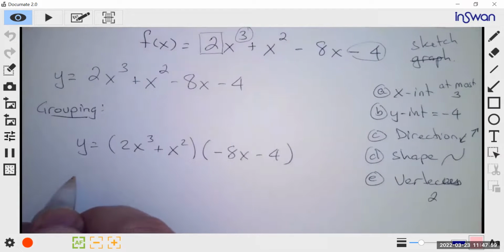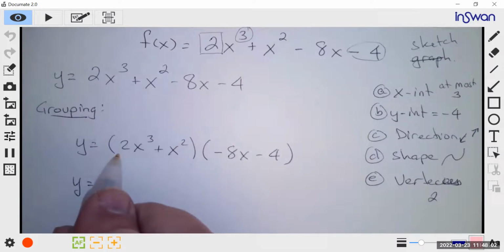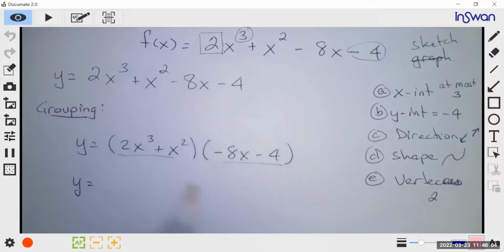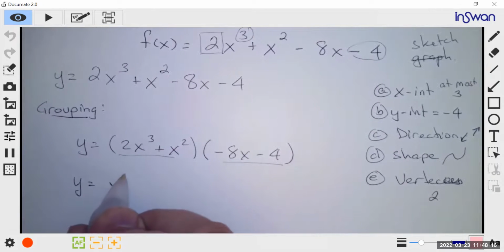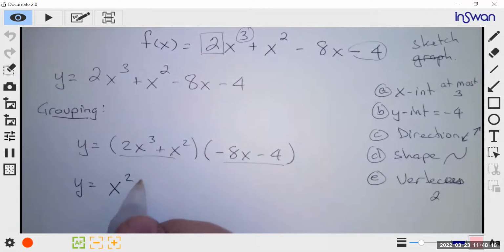Second step, what can you factor out of both of them? What can you factor out of the first one? They both have at least 2 x's, don't they? So I can take out x squared. So if I take out x squared, I have a 2x in front.